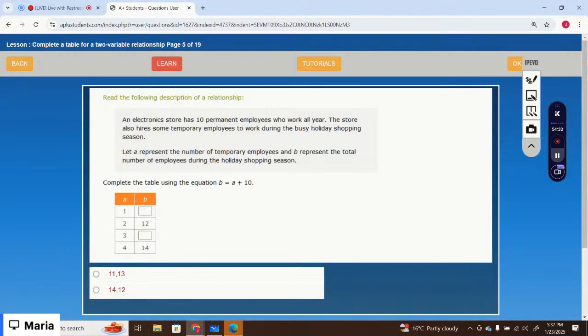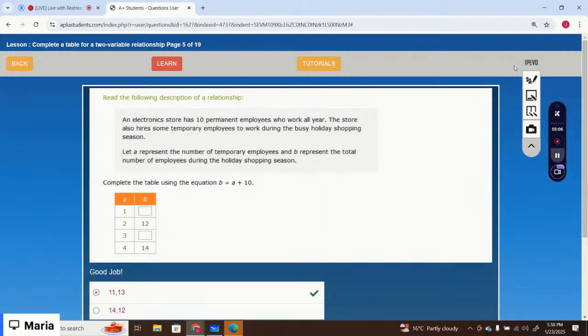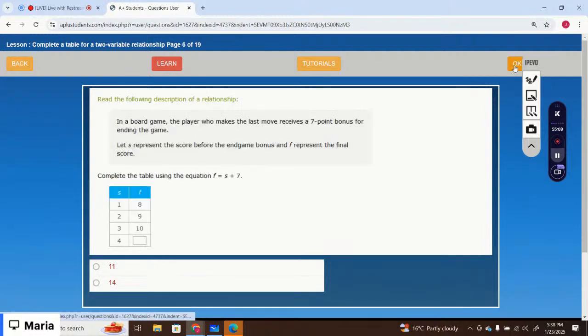Complete the table using the equation b equals a plus 10. So, which is the correct option? Option number 1 is the correct option. They are 11 and 13. Complete the table using the equation f equals s plus 7.